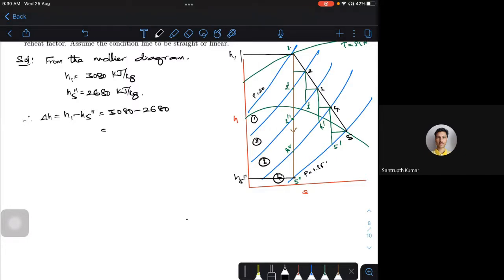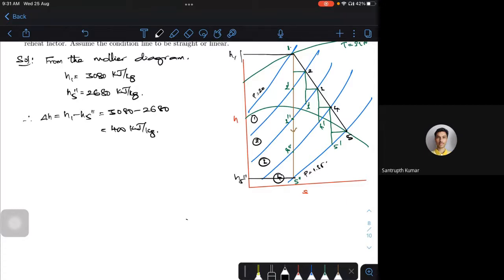So this is your isentropic enthalpy drop for a single stage, around 400 kilojoules per kg. It's clearly given in the problem statement that the final condition of the steam is dry and saturated at 1.35. So point 1 and 5 I am trying to join with a straight line.